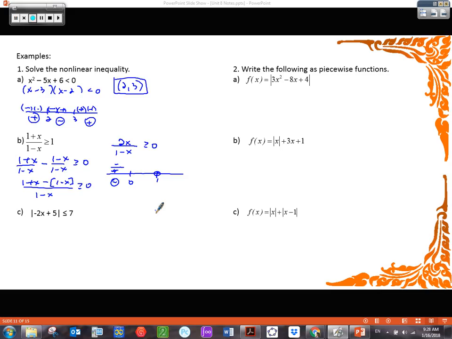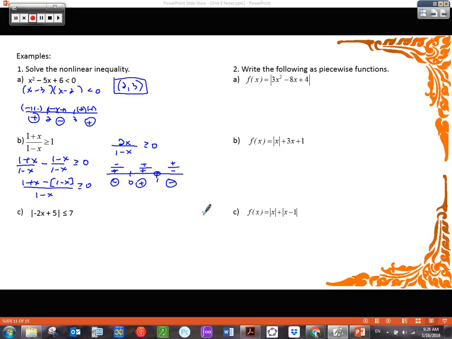Okay, on the next one, like 0.5, we'll put a 0.5 in. If I put a 0.5 in the numerator, it's positive. 0.5 in the denominator, it's positive, so this section is positive. The last one, say a 2. If I put a 2 in the numerator, it's positive. A 2 in the denominator would be negative, and so that section would be negative. So those are my signs.